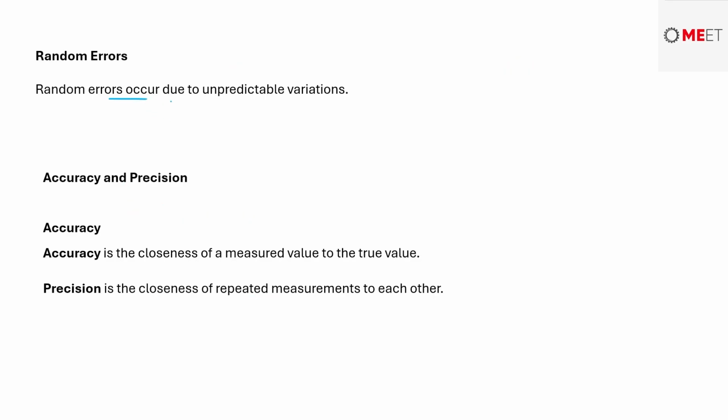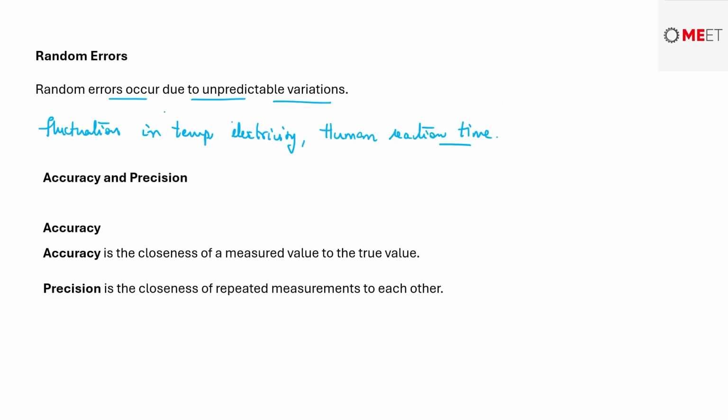Random errors occur due to unpredictable variations. Examples could be small fluctuations in temperature, electricity, human reaction time. Random errors could be positive or negative. So when we are dealing with random errors, several readings are required and the average is taken out of all those readings.